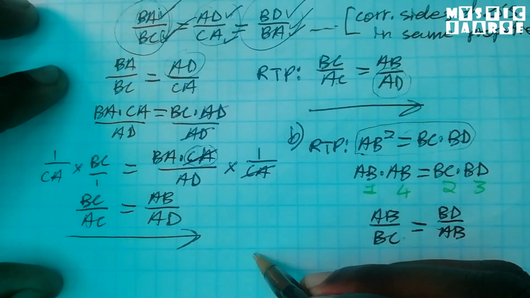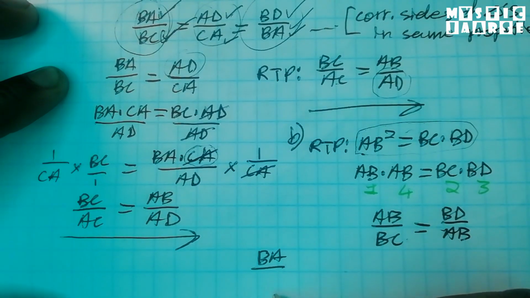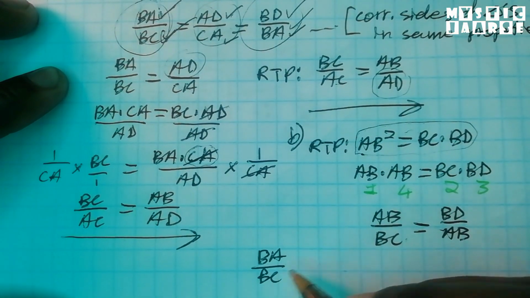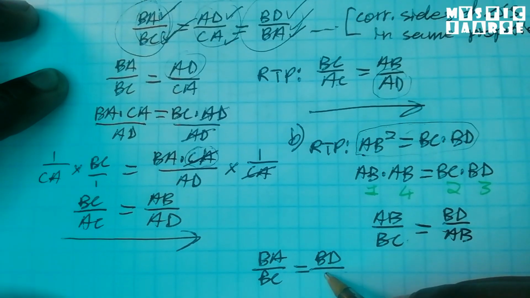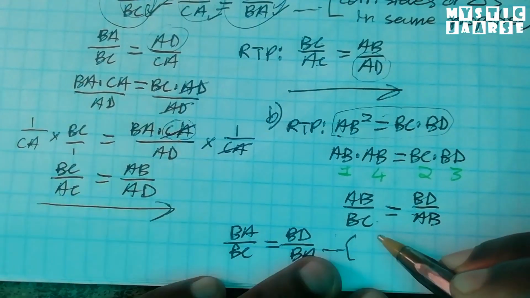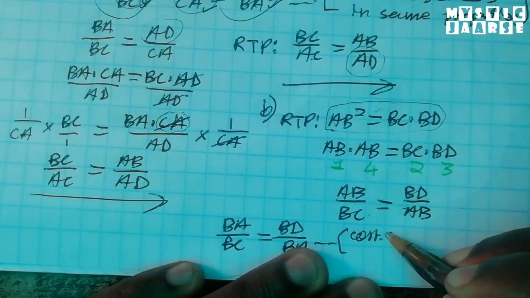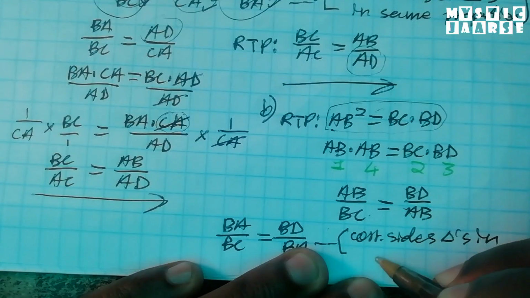So we have BA divided by BC is proportional to BD divided by BA. Now what's the reason here? These are corresponding sides of triangles in proportion.